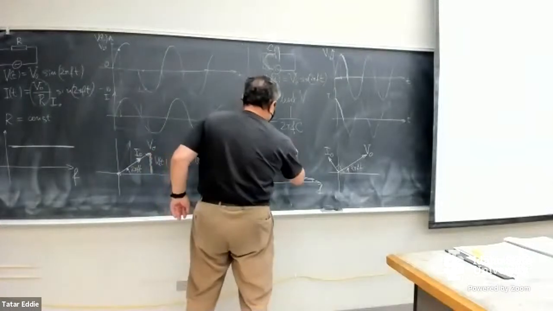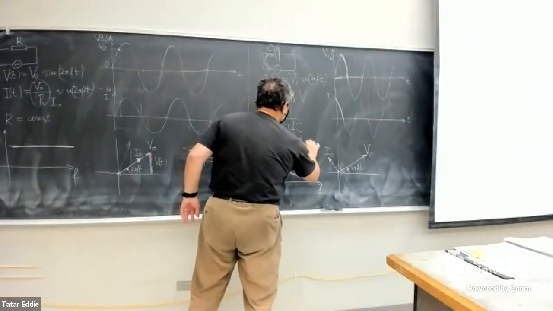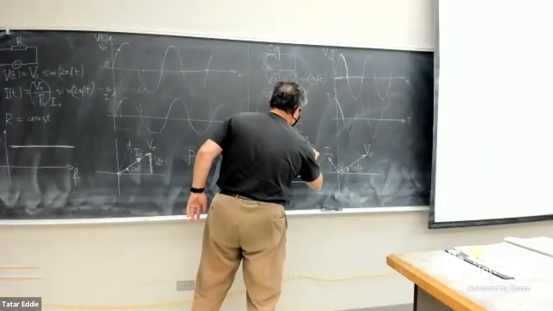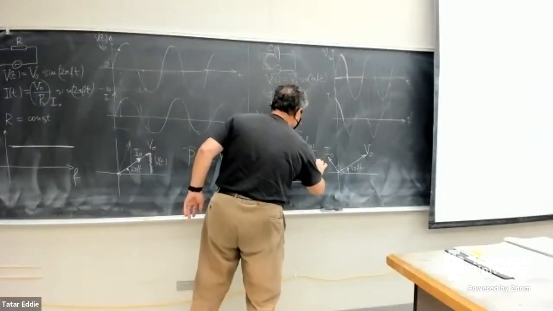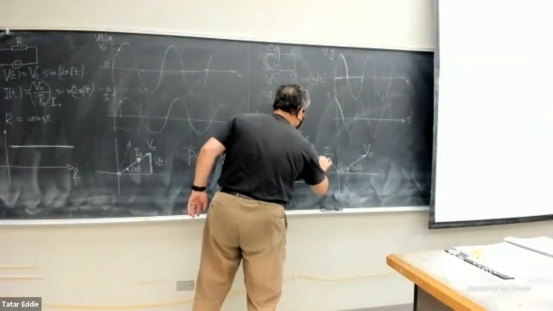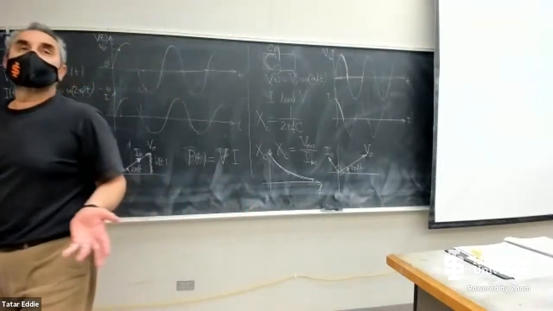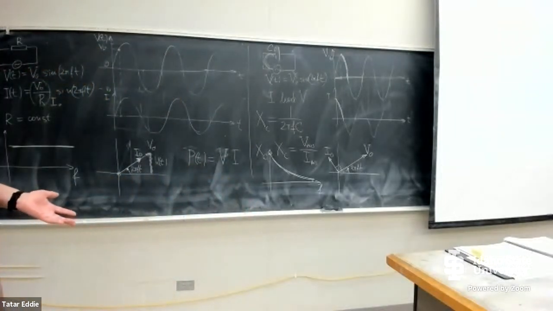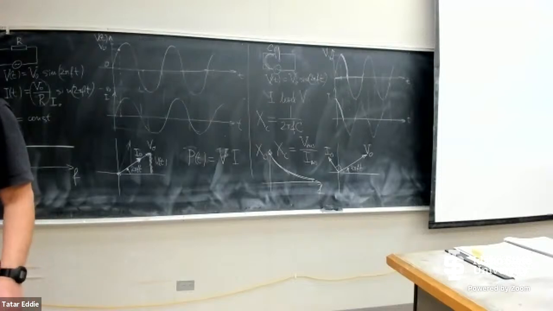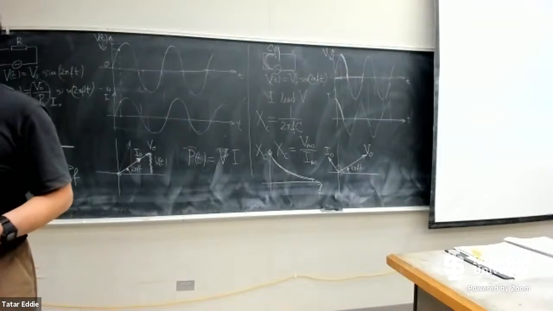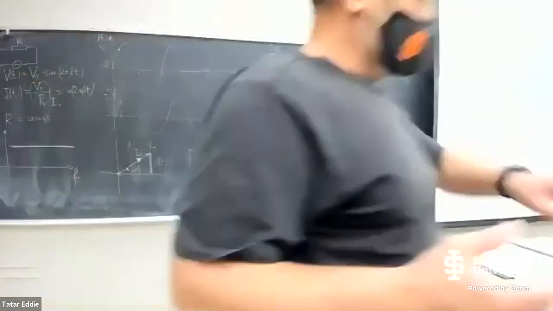So, of course, capacitive reactance is defined as the RMS value of the voltage divided by the RMS value of the current. And it has dimensions of ohms, just like ordinary resistance. And we have 4 more minutes.